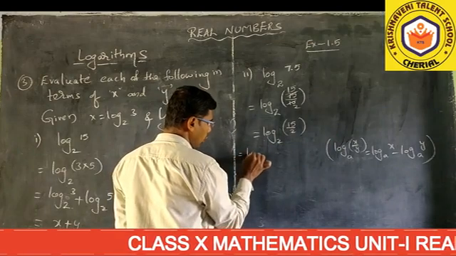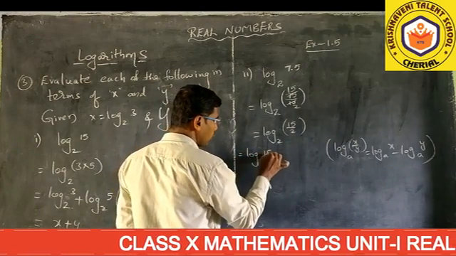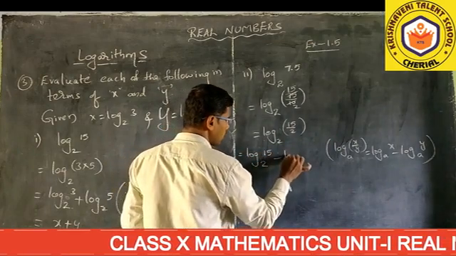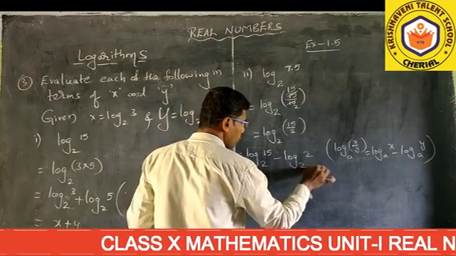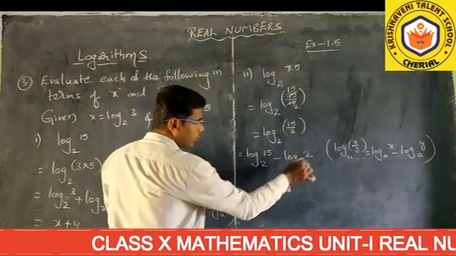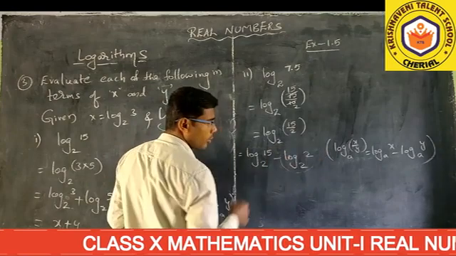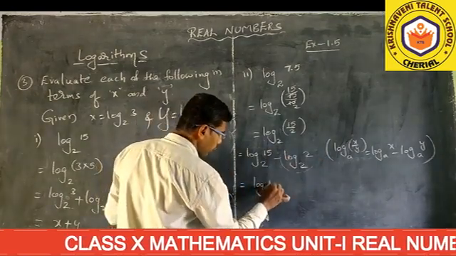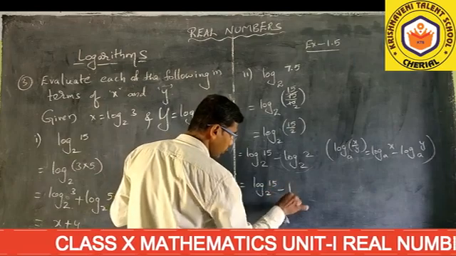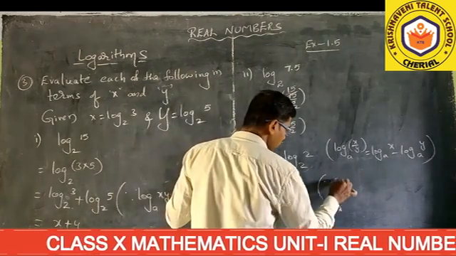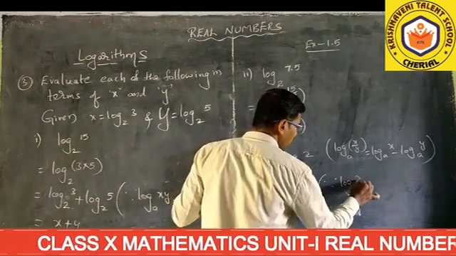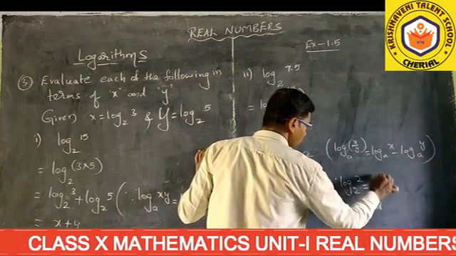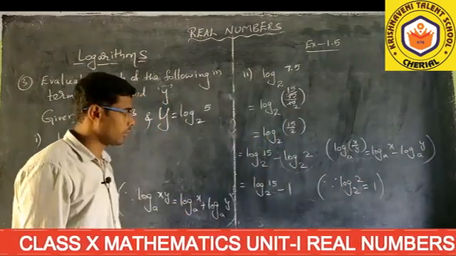It equals log 15 to the base 2 minus log 2 to the base 2. You already know log 2 to the base 2 is 1, so it equals log 15 to the base 2 minus 1. Since log 2 to the base 2 is equal to 1.